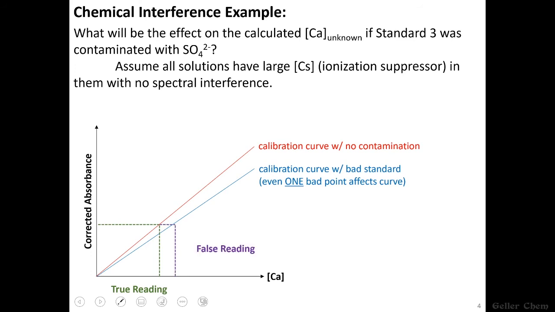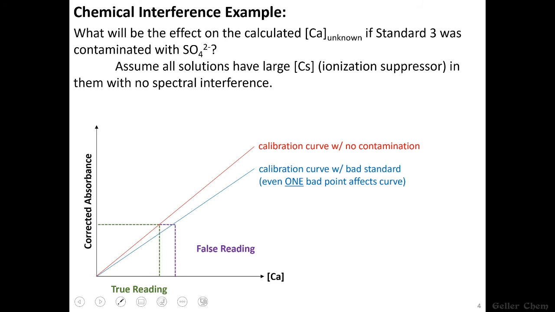So all 3 of our interference examples that I've given in this lecture have involved the final answer being falsely high, but that is not a guarantee. If I had instead said that the chemical interference or contamination was in the unknown, then this value would be going low, and it would be plugged into the correct curve, and we get a falsely low reading.